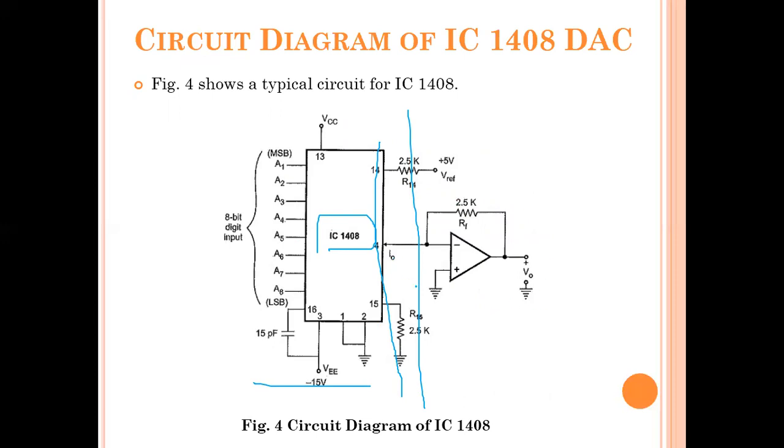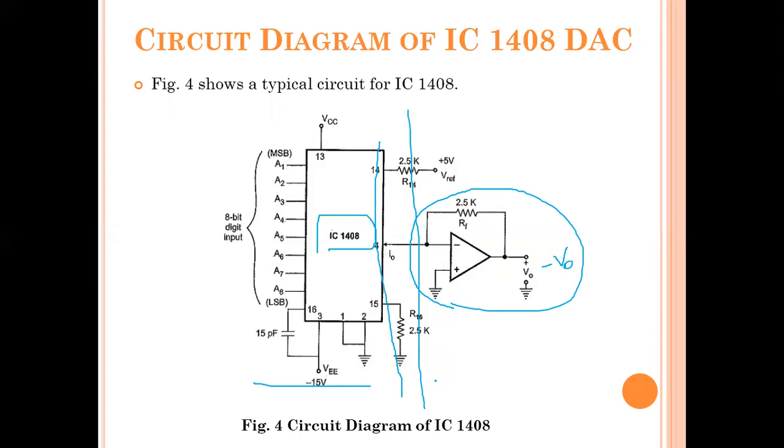We are using a current to voltage converter connected at the output terminal of the IC 1408 D2A converter. It is used only for a single polarity, that means only one range of currents, only positive or negative currents. Since it is connected to the negative terminal of the op amp, the output will be in terms of negative values, that is, you will get minus V0.